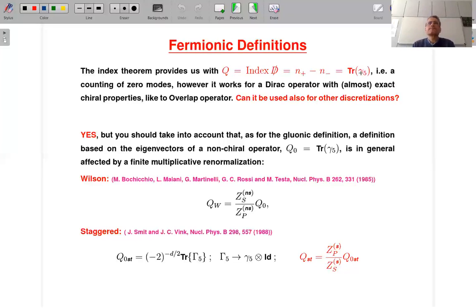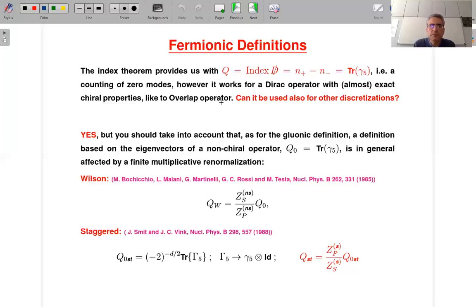Now, this method, in principle, works if you are dealing with an exact or almost exact Dirac operator, which has good chiral properties. An example is the overlap operator, where you have well-defined zero modes with a well-defined chirality, and indeed the overlap operator has been used to measure the topological susceptibility in this way.